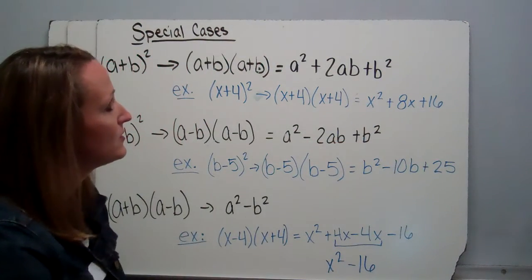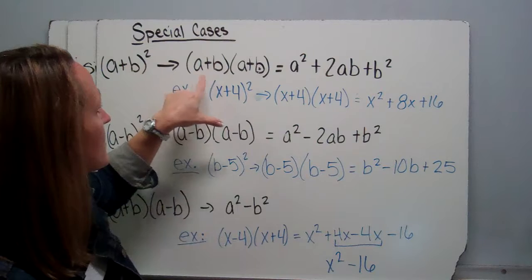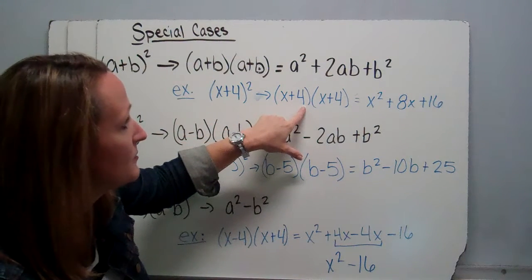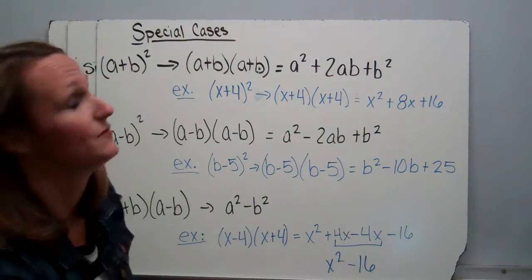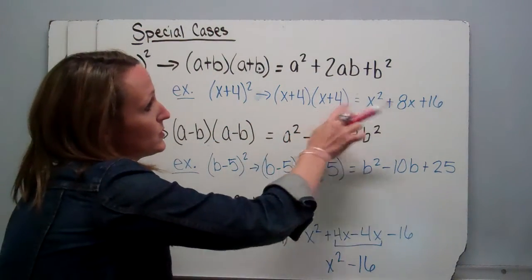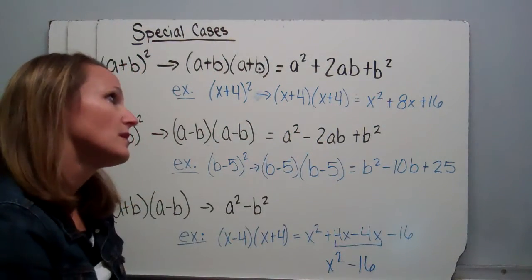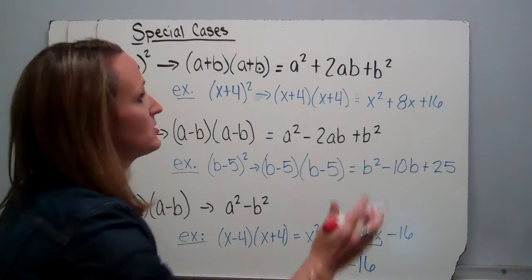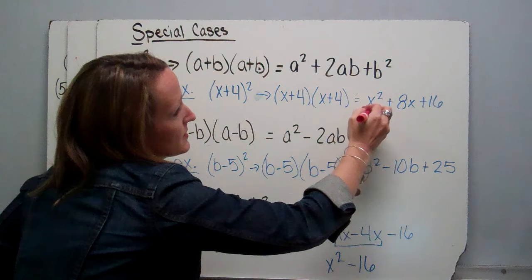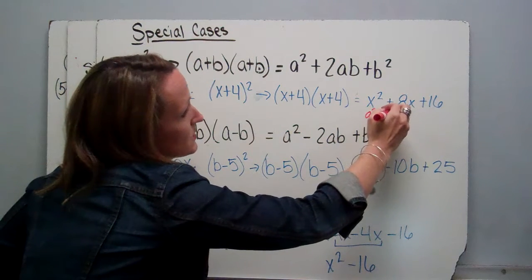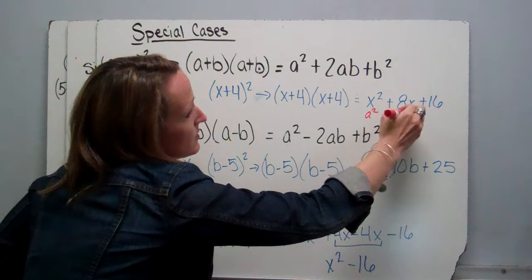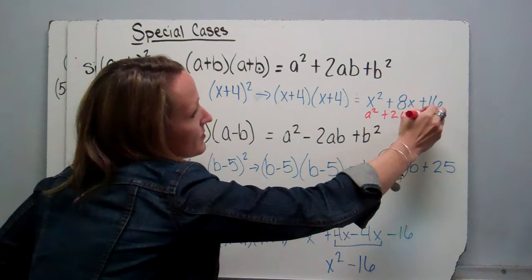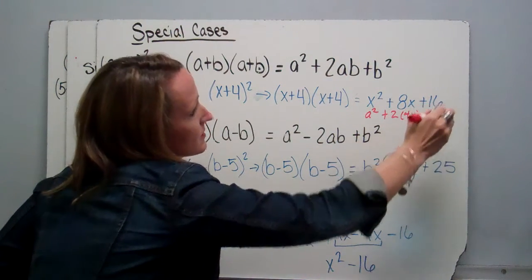And then in the middle, if x is your a value, and 4 is your b value, if I said 2 times 4 times x, you would have 8x. So this is a squared plus 2 times 4 times x plus b squared.